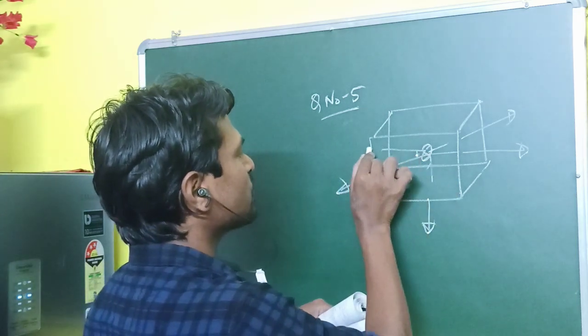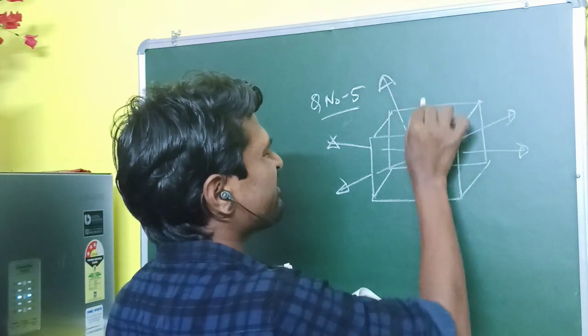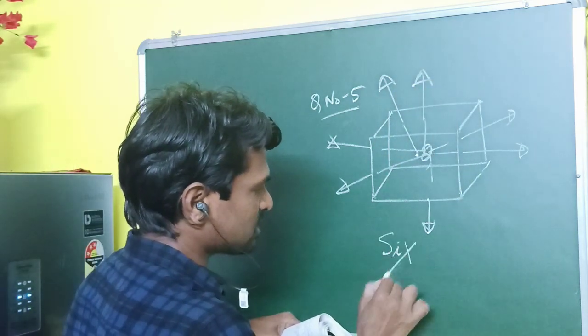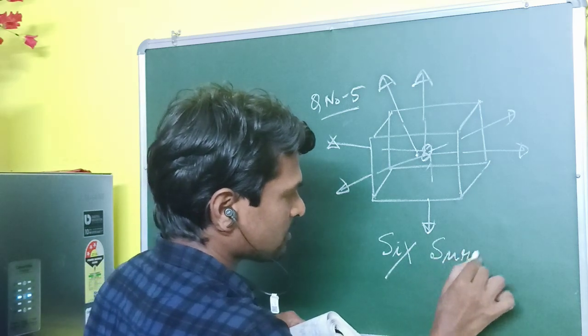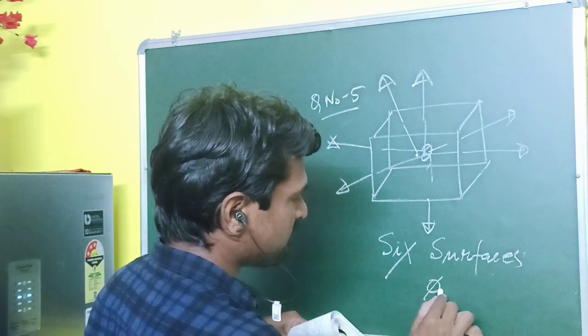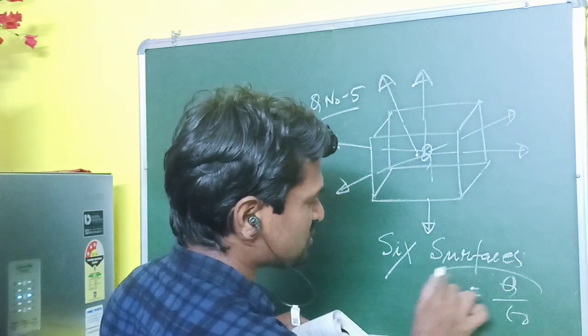If the question is given, what is the flux generated through each surface? Not that, it is 6 surfaces. So 6 surfaces means net flux. So net flux equals Q by epsilon naught. This is the answer.